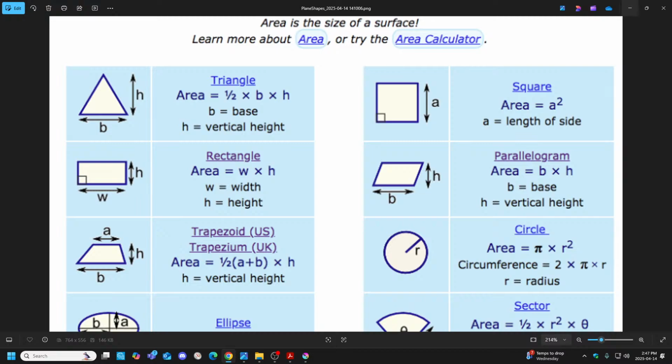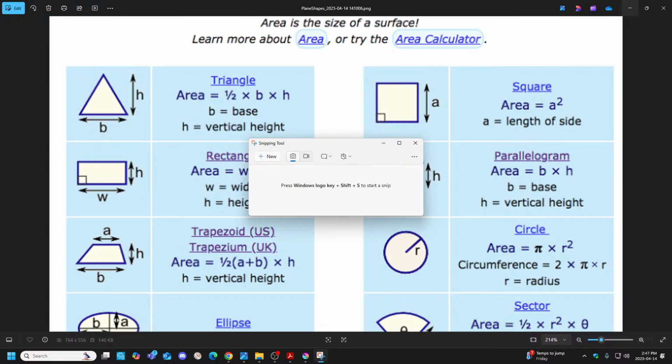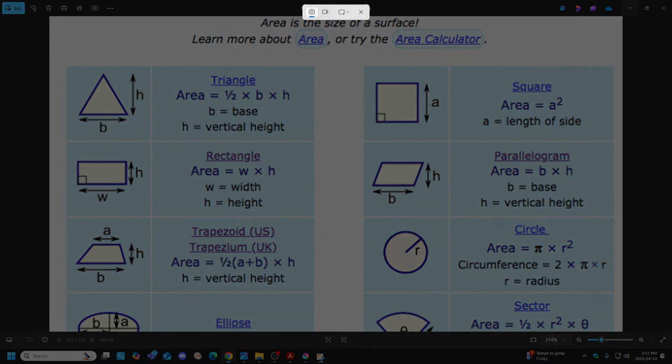Let's see if I can bring up some shapes of triangles here. Okay, here we go. Perfect. Snipping tool. Types of triangles. I'm just going to snip this.